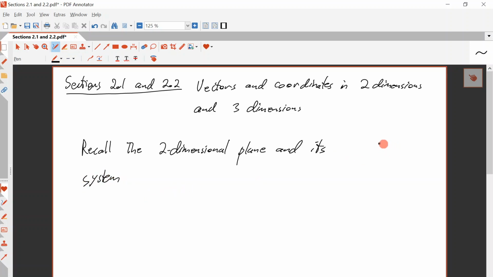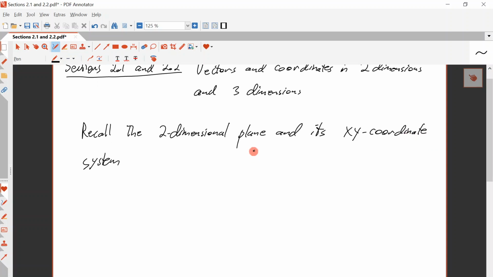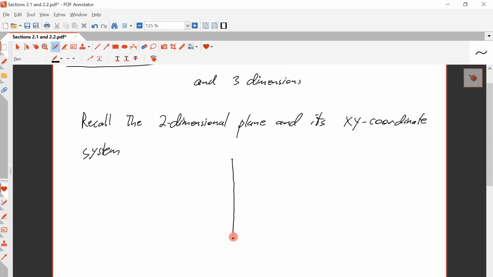Its XY coordinate system, we'll say. So we had 2 axes. There was an x-axis and a y-axis. Right, and then each axis is a number line for the real numbers.